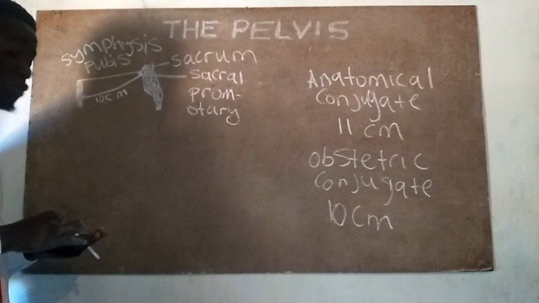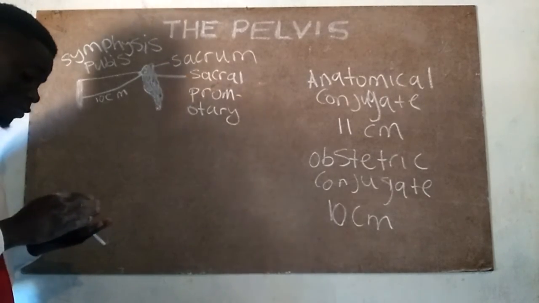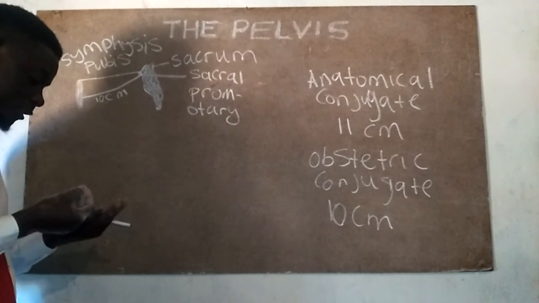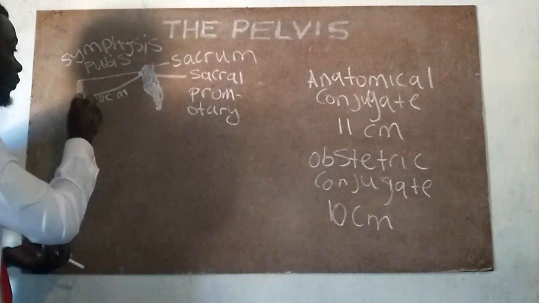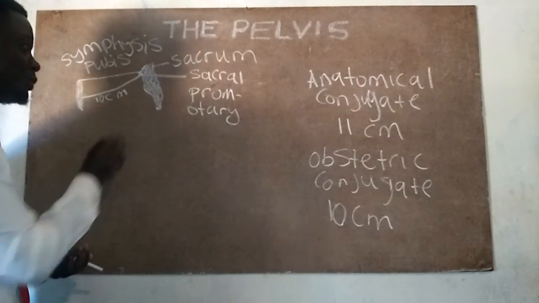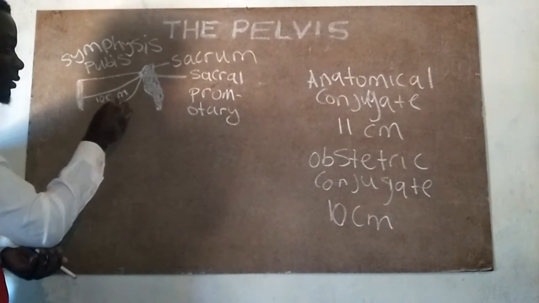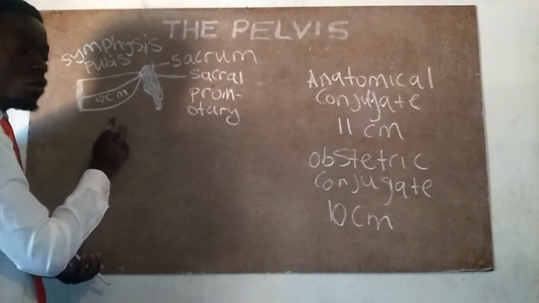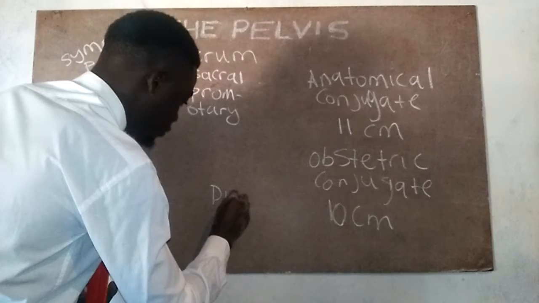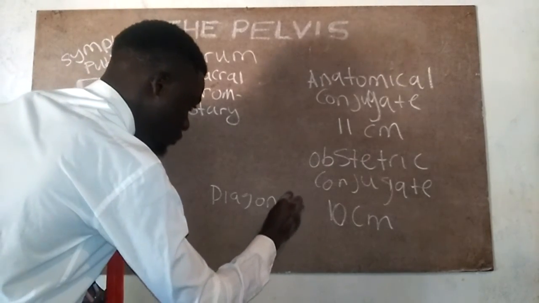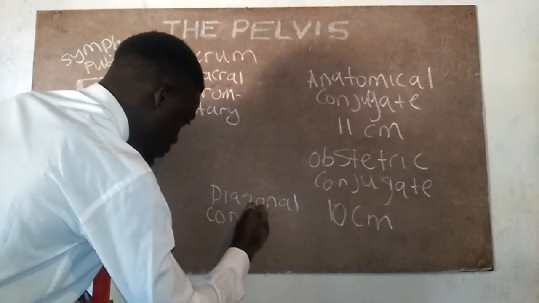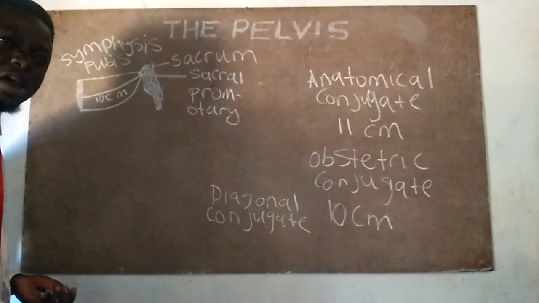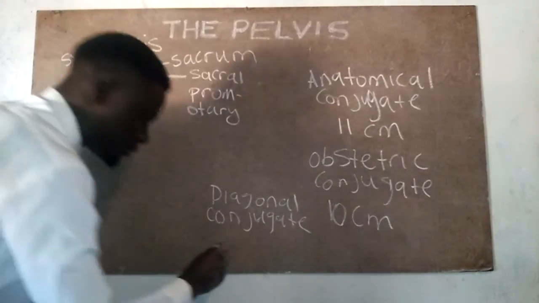During the general examination, of course, we cannot measure this, but the only one that we can measure when we are doing our vaginal examination is the diagonal conjugate, which runs from the inferior border of the symphysis pubis down to the sacropromontory. This is our diagonal conjugate, and it is about 12 centimeters.